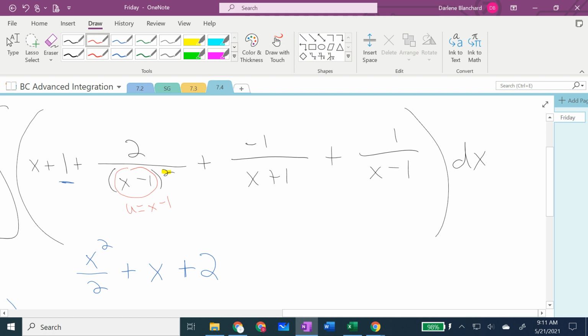When I put that in, I'm going to wind up getting 1 over u squared. That means u to the -2, so I have to use the power rule, and that gives me u to the -1 divided by -1. So ultimately I'm getting minus 1 over u, which was x minus 1.